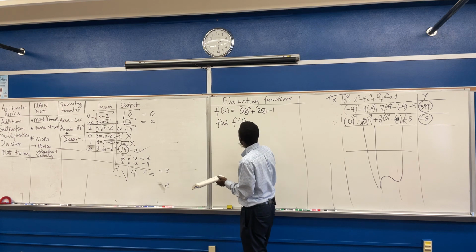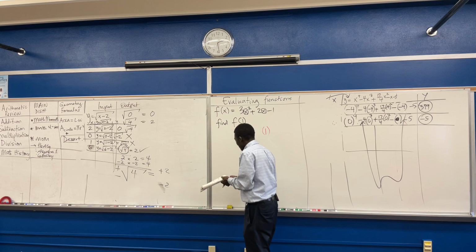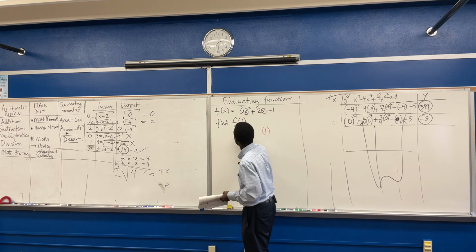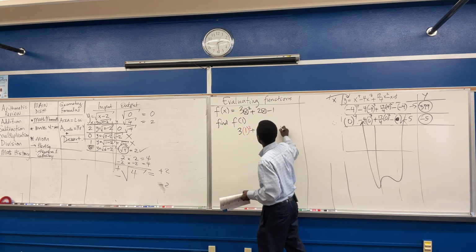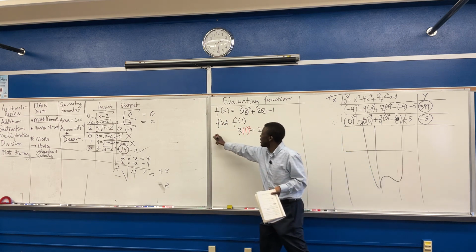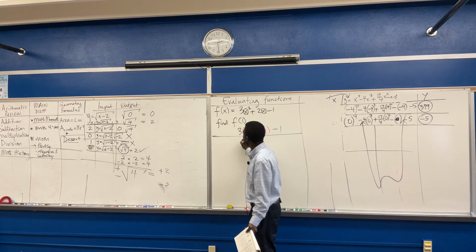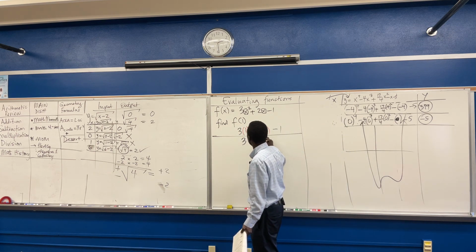So then when you rewrite the question, you basically write 3 plus 2 minus 1. I changed everything that was x to 1. That's what they're asking for. So then in this case, it's 3 plus 2 minus 1.